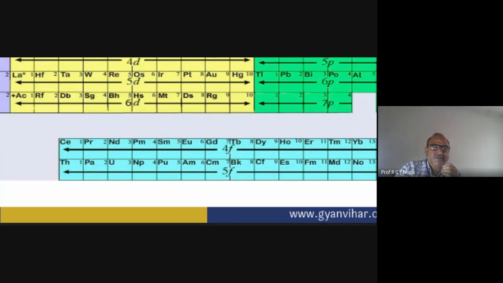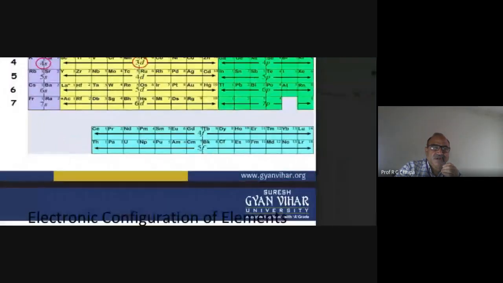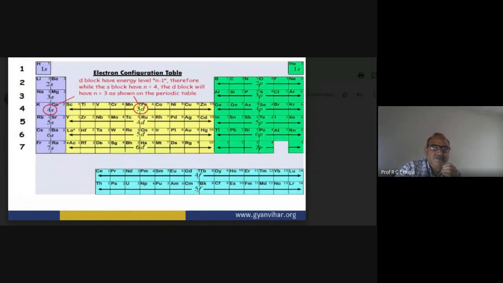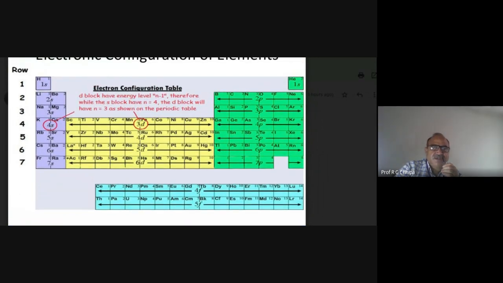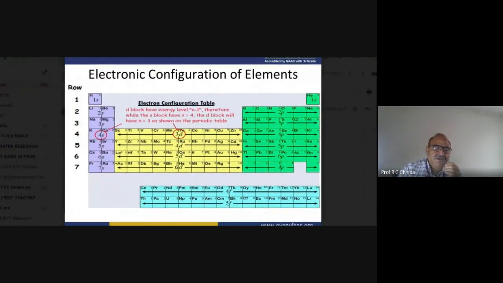So this is the systematic arrangement of the modern periodic table of elements. It is based specifically on electrons, and electrons give definitely different properties. Here we have 18 groups and 7 periods.